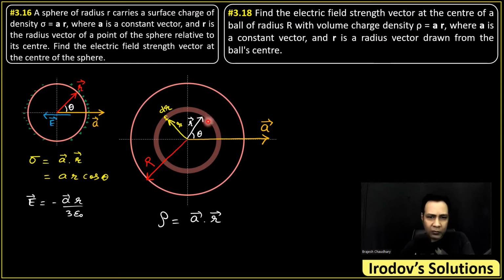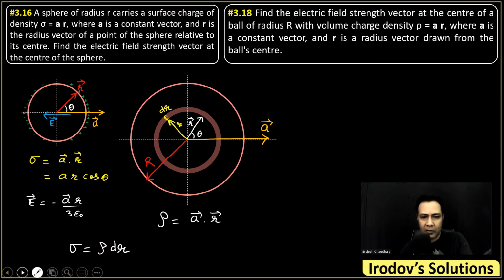I want to think of this as a shell, and its electric field I already know. The surface charge density at this point would be nothing but the volume charge density times the thickness of that shell. So sigma at this angular position theta is equal to rho at that position times the thickness of that shell. So sigma is equal to rho dr, that is a direct result.